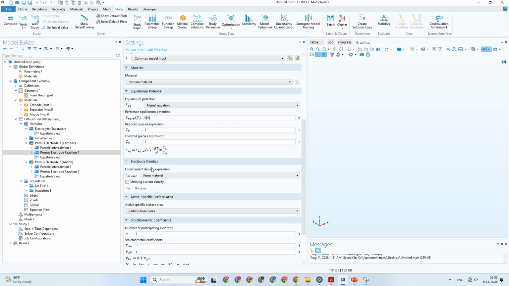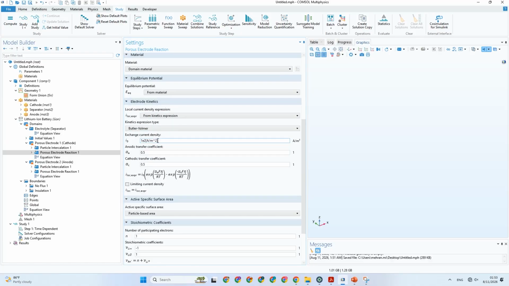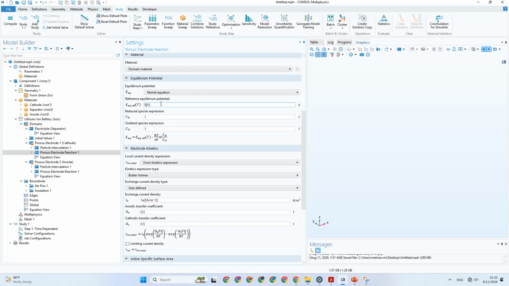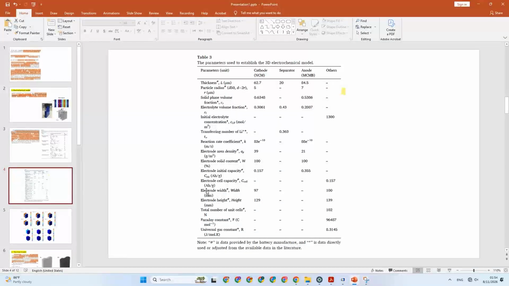Nernst equation. I don't know, it must work on it. Equilibrium potential, maybe. Check the electrolyte.